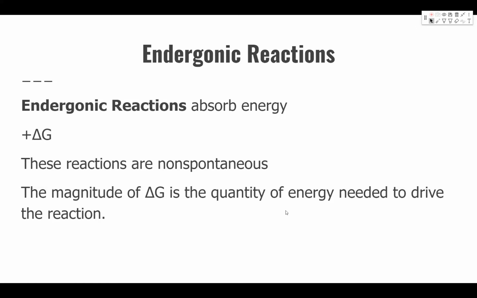How big that positive delta G is tells us how much energy we need to kickstart whatever reaction we're looking at. Doing okay so far? A lot of chem, a lot of physics starting us off.